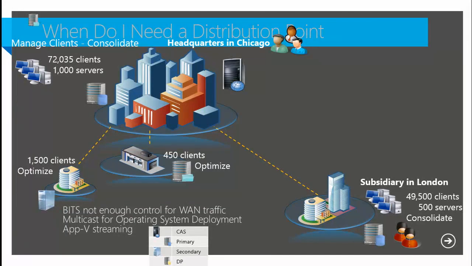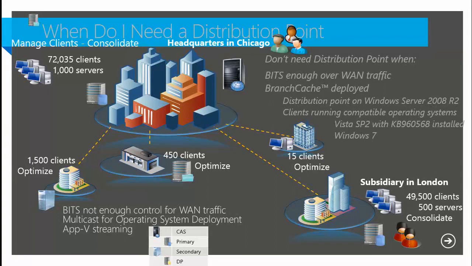Now you can do that directly and continue to do that directly with the distribution points themselves. So you make the decision with those distribution points to effectively throttle and schedule the content alone, so you don't have to have another site server out there.